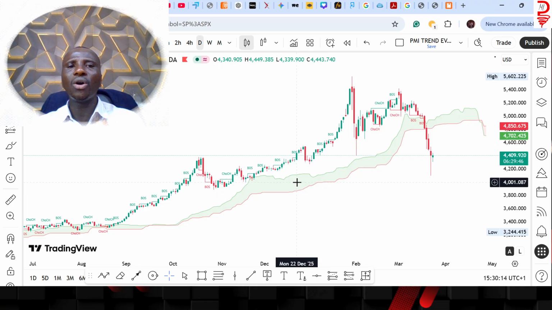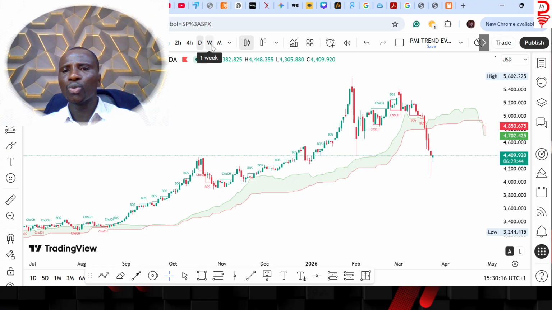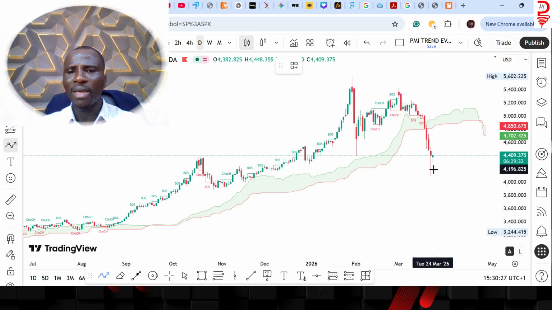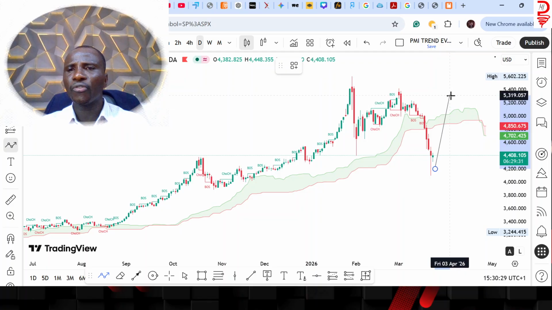So for now, until gold gives us a break above this cloud, until gold comes to somewhere around this place, breaking above to around 5,000, maybe 5,200, then we can begin to expect a buy on gold.